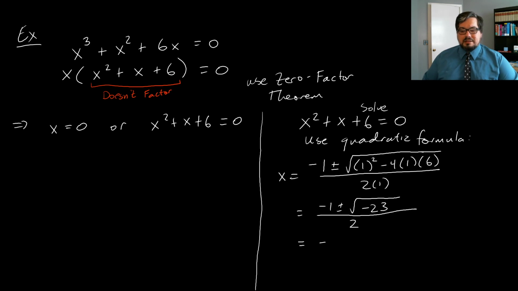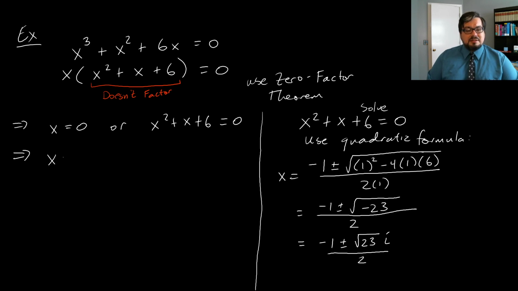So we get negative 1 plus or minus the square root of negative 23. The only way we have of writing that any simpler is to write it as the square root of 23 times i. And so that's what we're going to have to do. So these are the two solutions to the equation x squared plus x plus 6 equals 0.